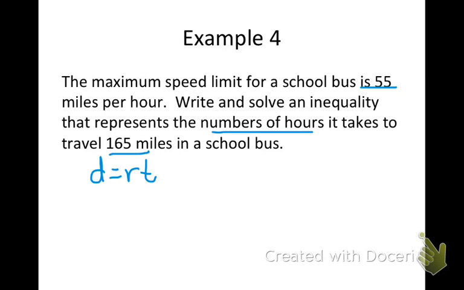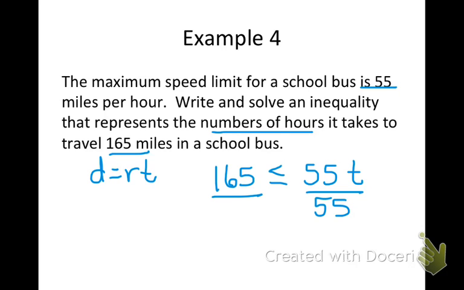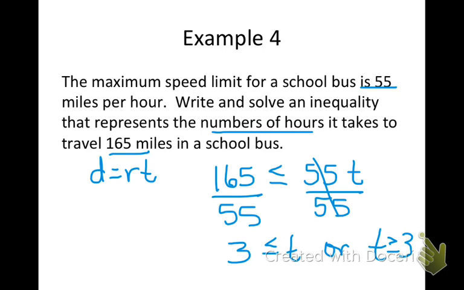So since that's the maximum speed, our distance, we could travel 165 miles and less than or equal to 55 times the time. So we could divide both sides by 55, and we could get that 3 less than or equal to t, or we write t greater than or equal to 3 hours.